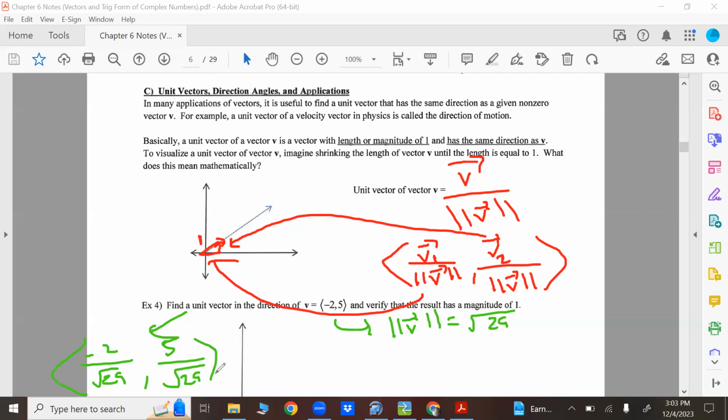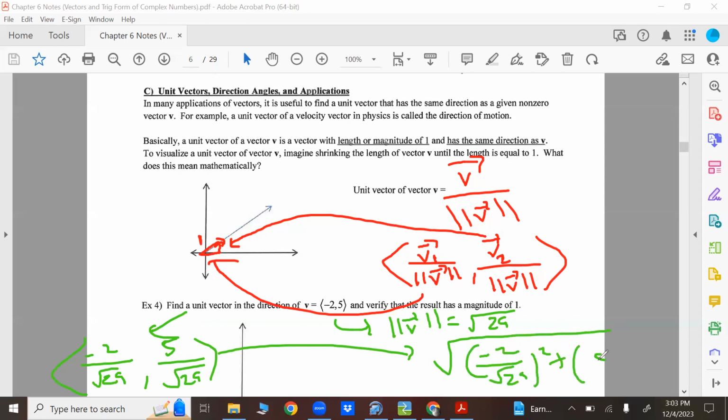And the magnitude would be 1 if you actually were to compute that. Don't write this down, by the way. But if you were to actually work that out, what would this come out to be, guys? 4 over 29 plus 25 over 29 is 29 over 29.